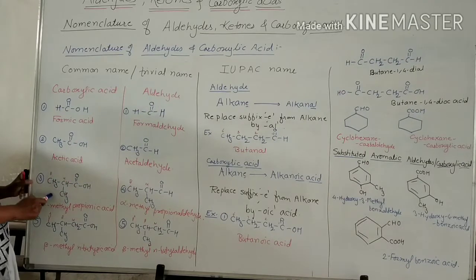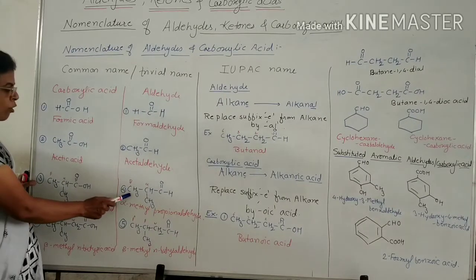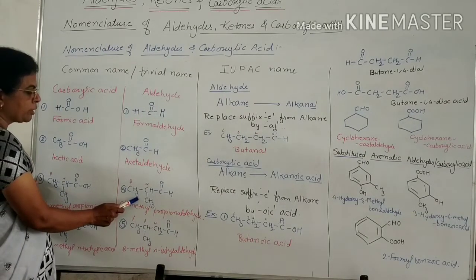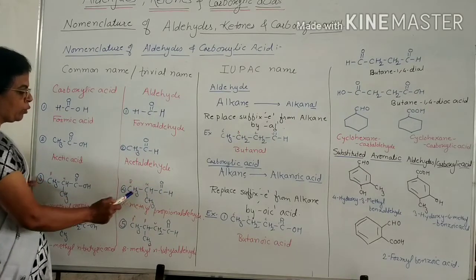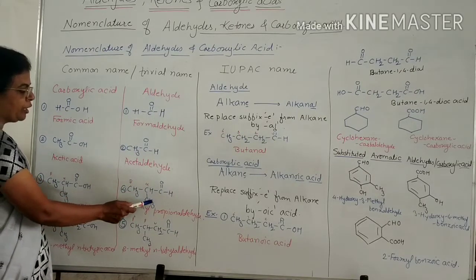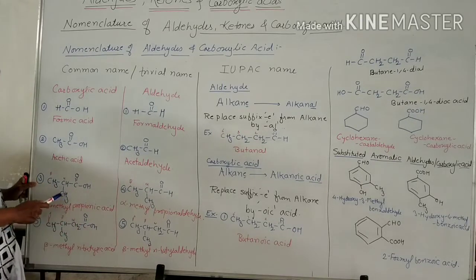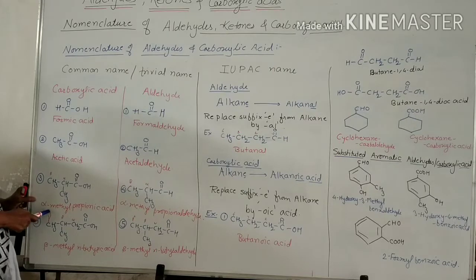Therefore, common name of this compound is isobutyric acid. And therefore, common name of this compound becomes isobutyraldehyde. This group is isobutyl group. Therefore, it becomes isobutyraldehyde.